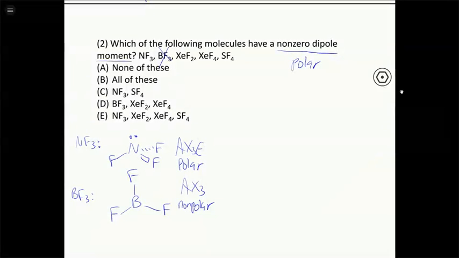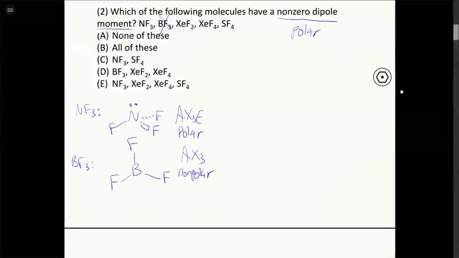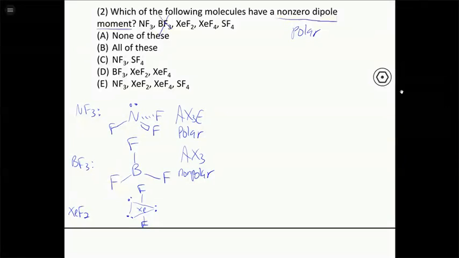We have to do the 2 xenon ones now. So XeF2 is going to be AX2E3, so that gives us this shape here. We have a xenon, and then we have 3 lone pairs in this case that all go on the triangle. Our fluorines are above and below. So this is a linear molecule. All linear molecules are also nonpolar, provided that the 2 atoms that are bonded are the same.